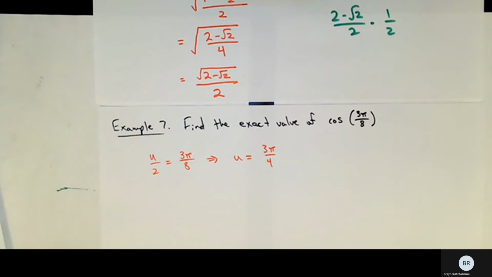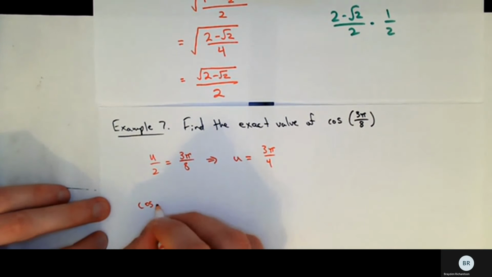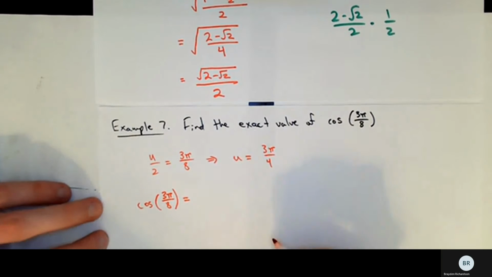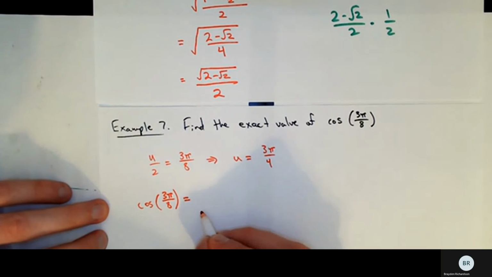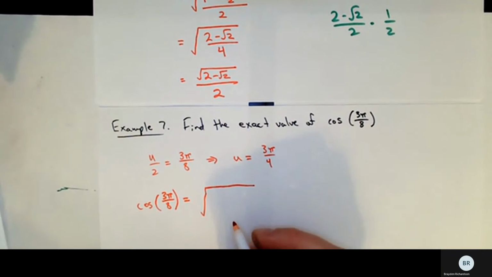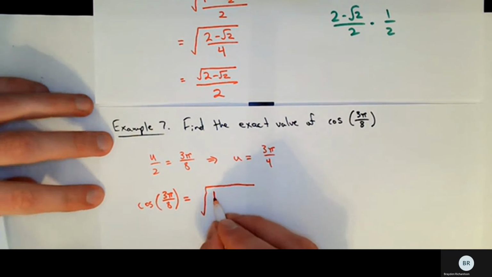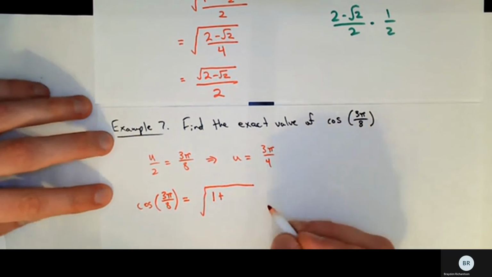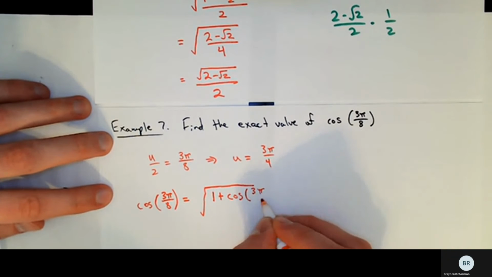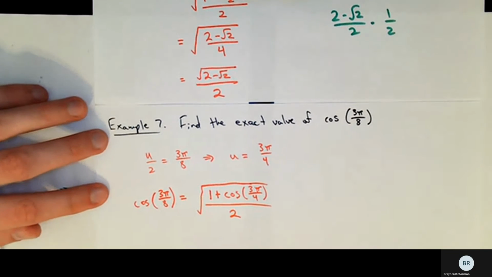So my formula for cosine of u over 2, in other words 3 pi over 8, is equal to plus or minus, which I'll decide whether it's going to be plus or minus in a second, the square root of 1 plus cosine of u, where u is 3 pi over 4, all over 2.